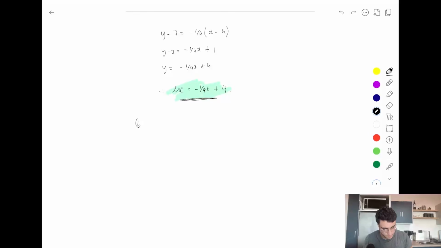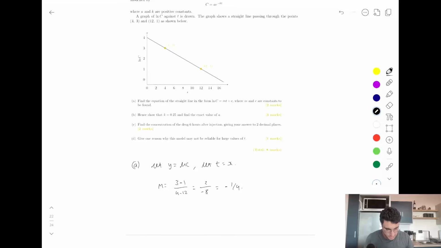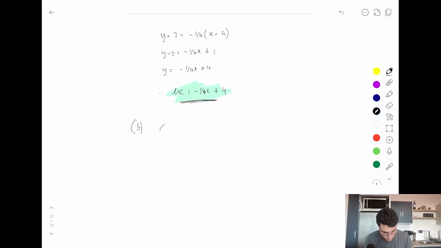So if C is equal to AE to the negative KT, then ln C is equal to ln AE to the negative KT, which means that ln C is equal to ln A plus ln E to the negative KT.